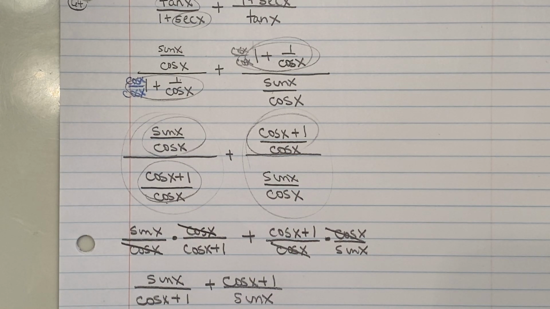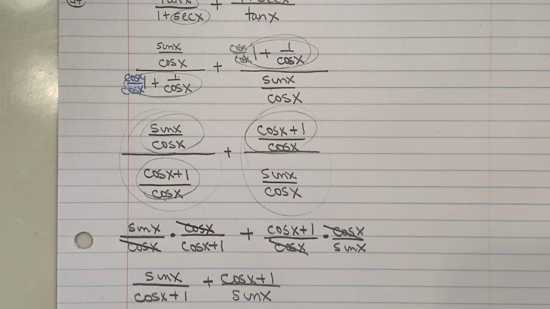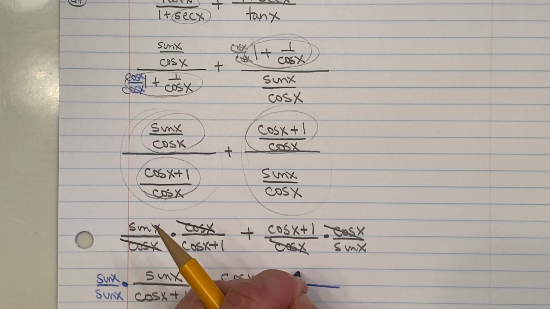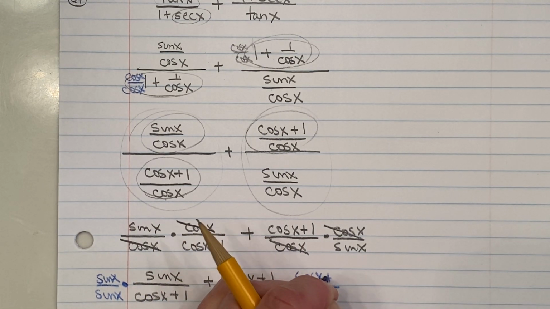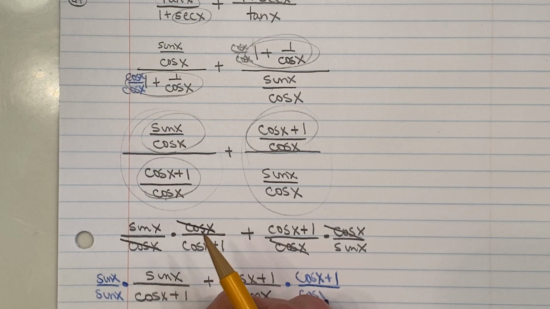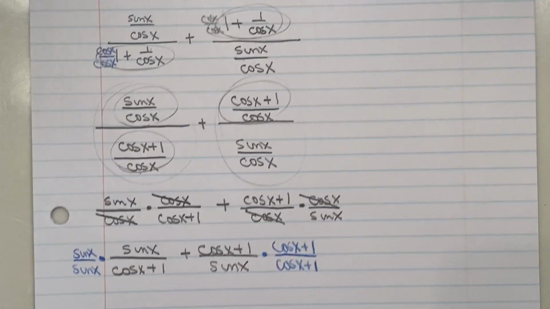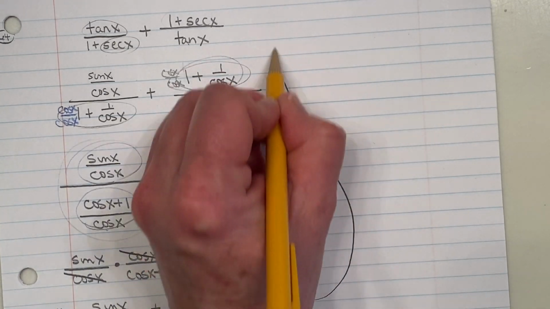Yeah, my other strategy wasn't any better. I'm going to get a common denominator. I'm going to multiply this fraction by sine x over sine x. And I'm going to multiply this fraction by cosine x plus 1 over itself. Okay, I'm going to come back up here.